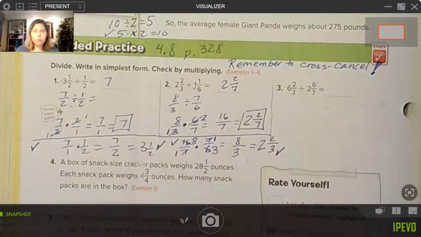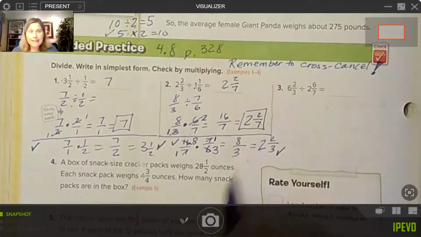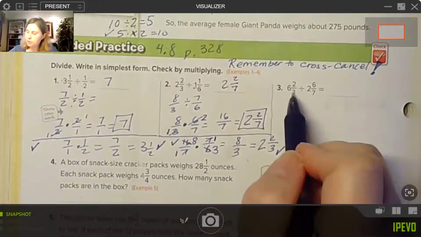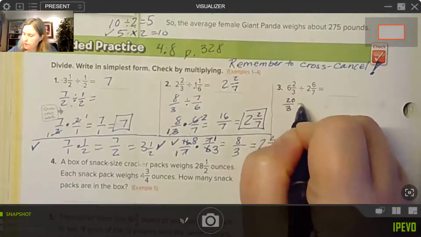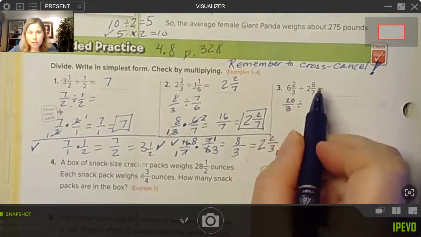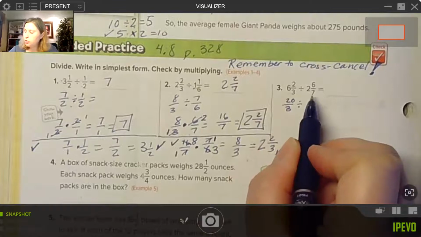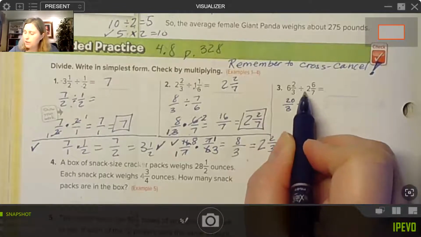All right. Number 3, 6 2/3 divided by 2 6/7. So first we need to convert these to improper fractions. 3 times 6 is 18, plus 2 is 20. So 20/3 divided by, then we change this to an improper fraction. 7 times 2 is 14, plus 6 is 20.